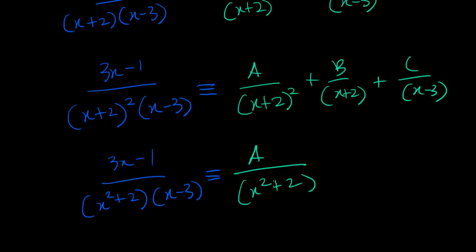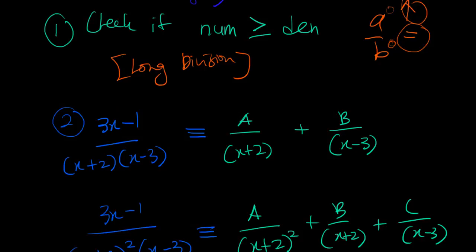Now this is to the power of 2, so you have to put Ax plus B on top. For the power of 2, you have to decrease, put a lesser power. And then plus C over (x minus 3). So you have to break it this way.